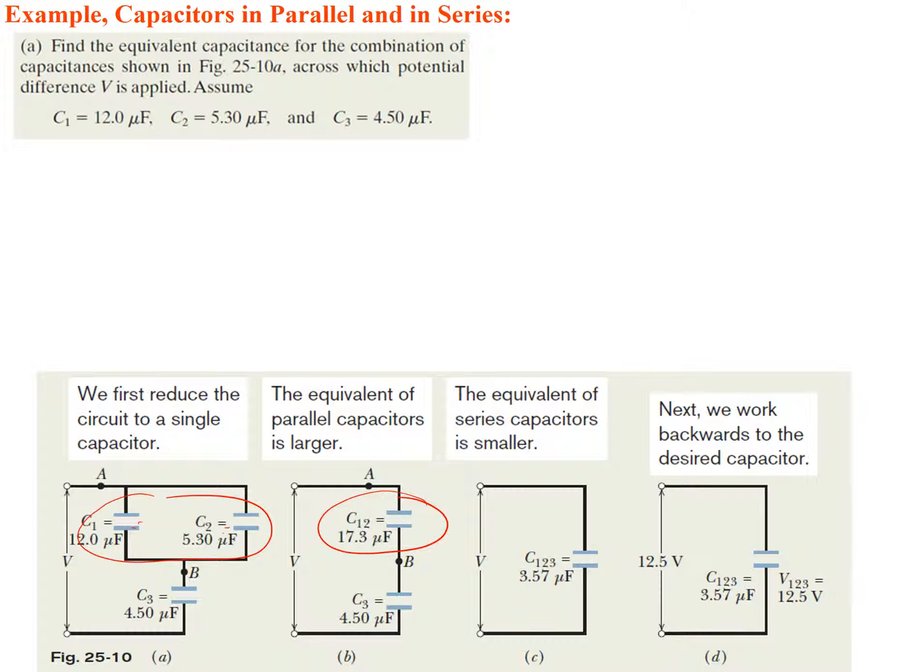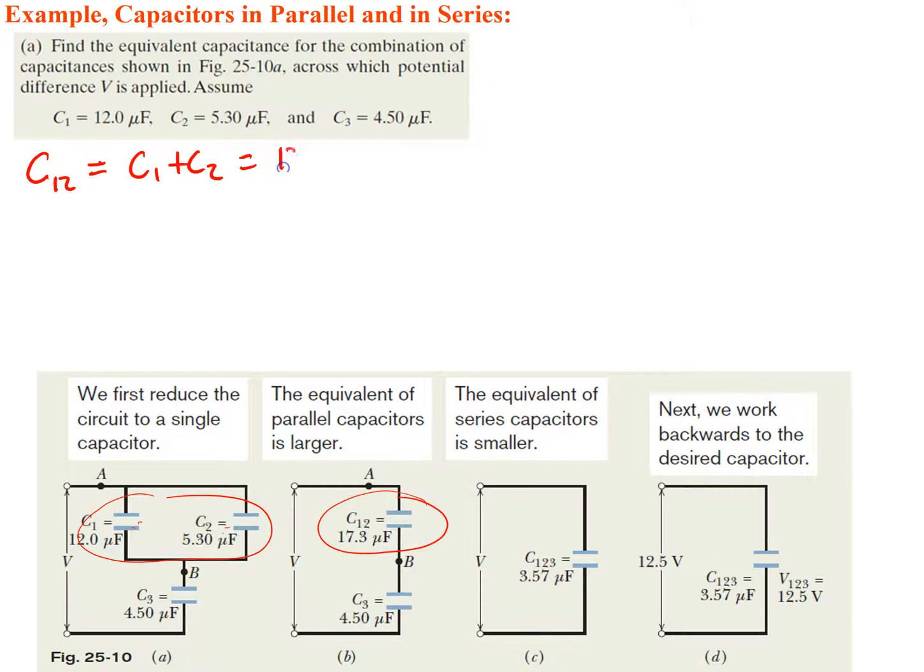All right. Now, since they're in parallel, we know that the capacitance can just add together. So if we take capacitance C12, which is the capacitance of 1 and 2 together, that's just going to equal C1 plus C2.